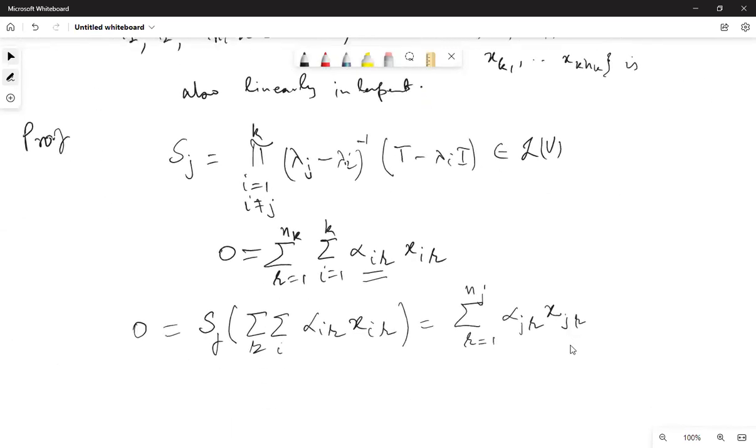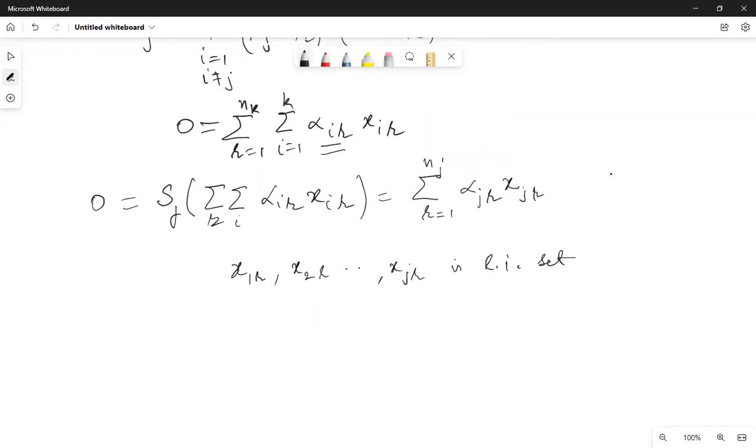So here again I get this, but this set x1r, x2r, xjr is a linearly independent set. And that means alpha jr are 0 for r equal to 1, 2, up to nj.